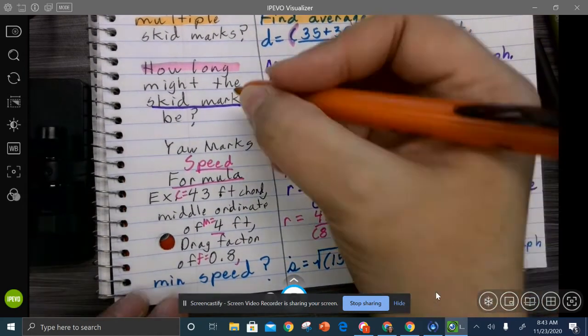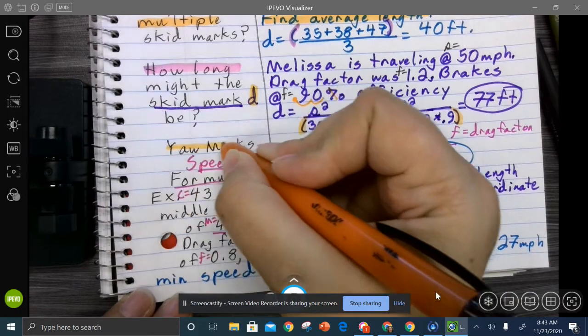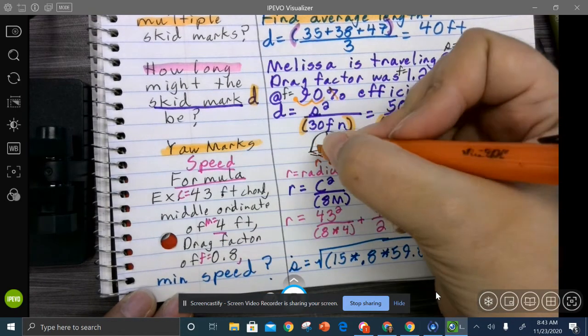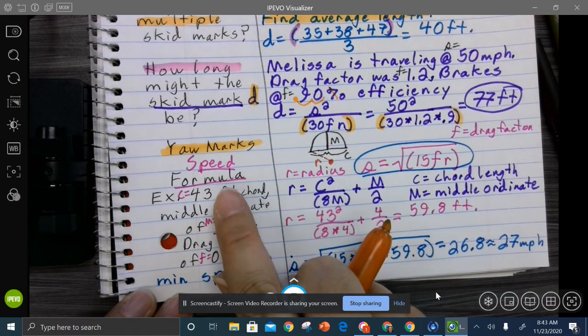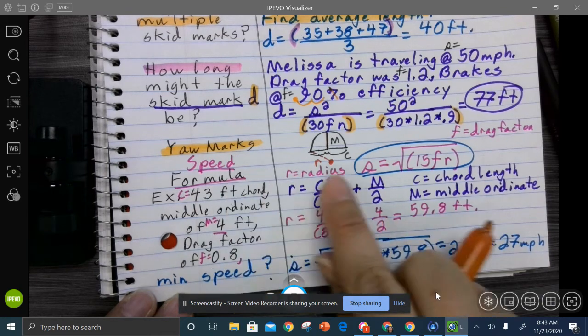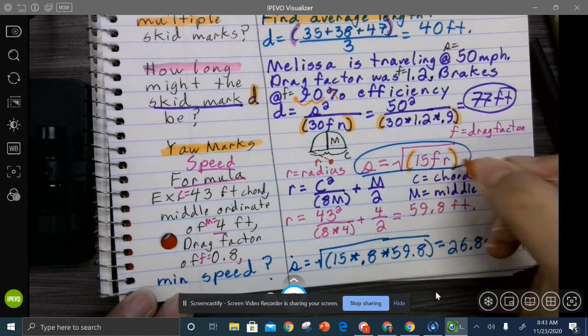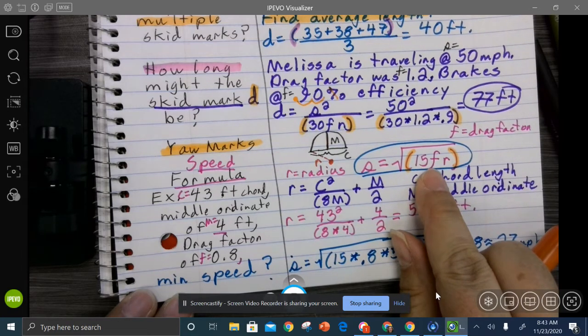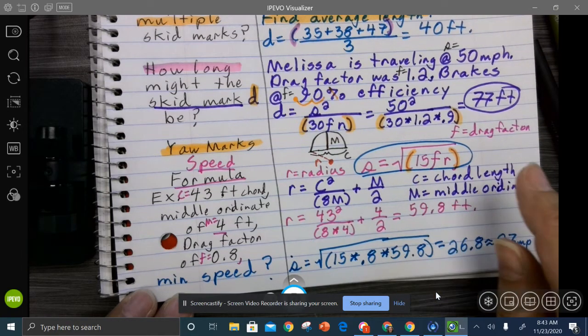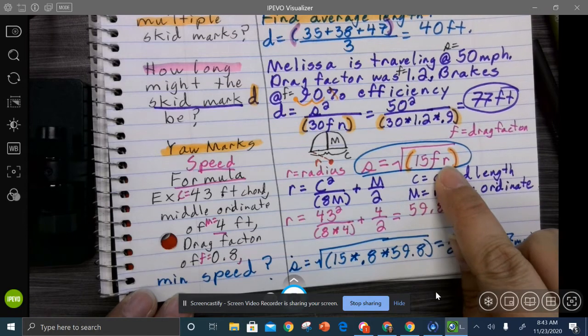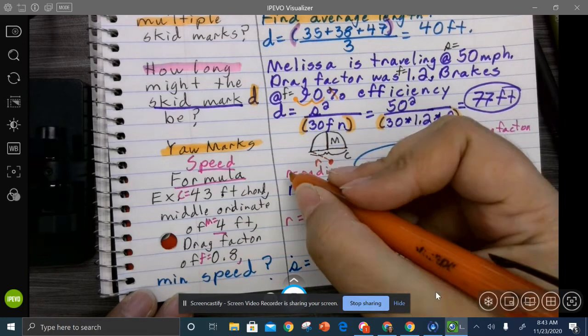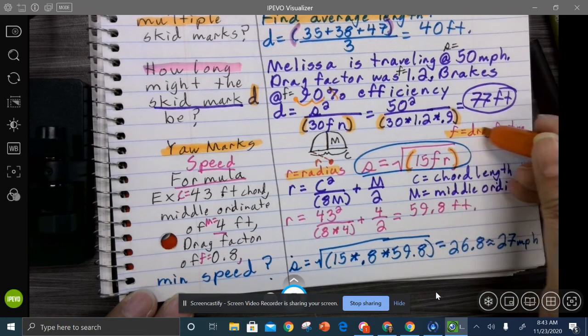Now for yaw marks. Yaw marks, everybody, are when they're curved. The speed formula for that is speed equals the square root of, yes, we do a parenthesis, 15 times the drag factor times the radius. R is the radius, F is our drag factor.